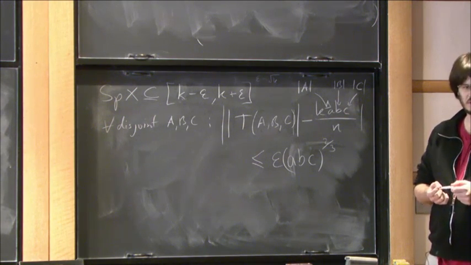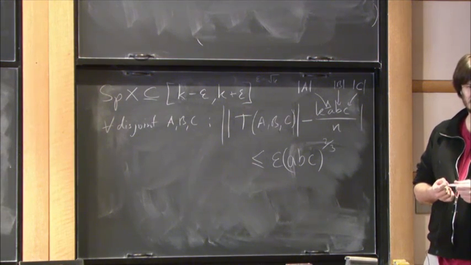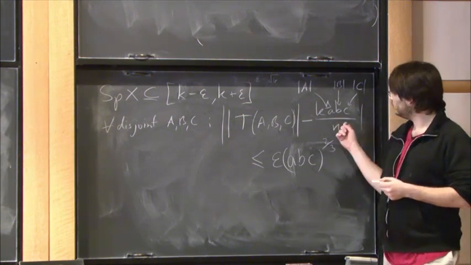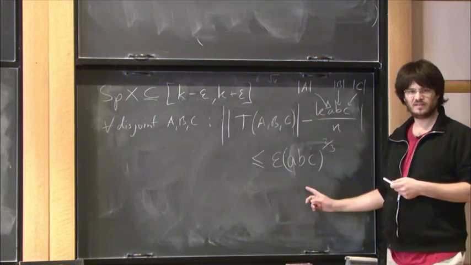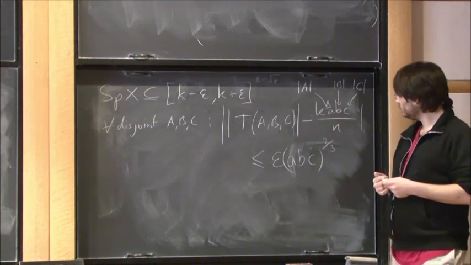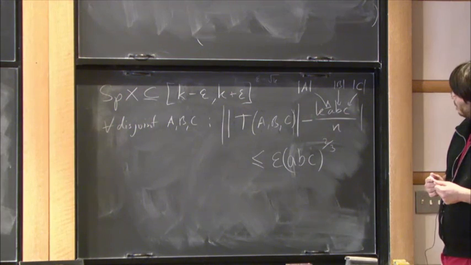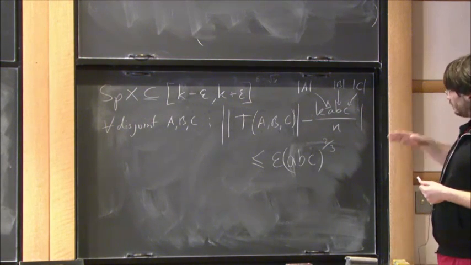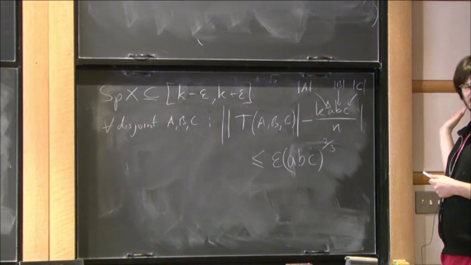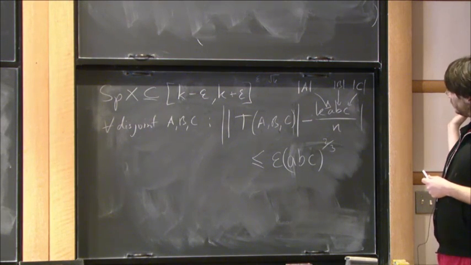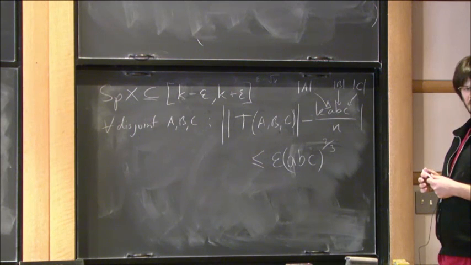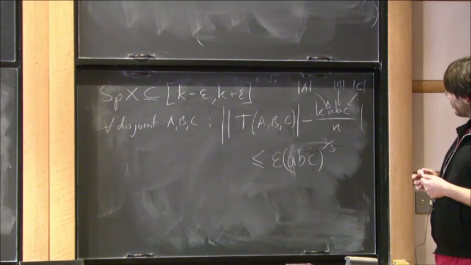It's true, but it won't tell you anything. Why would it tell you anything if epsilon is like a constant and A, B and C are large? Oh, you say from the other side that it will bound from above the number of triangles? I have to work it out, but it's a lower order term. It's like a smaller power of n, right? So it will have very strong concentration.